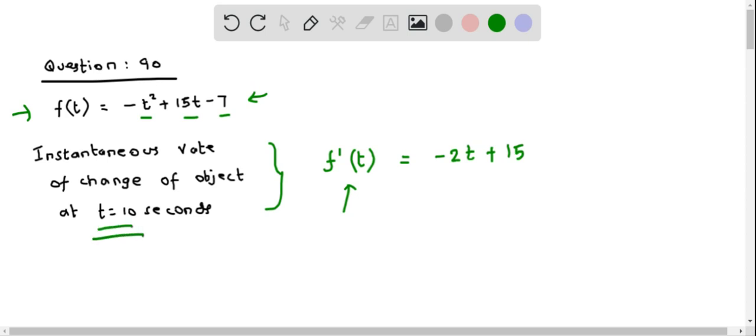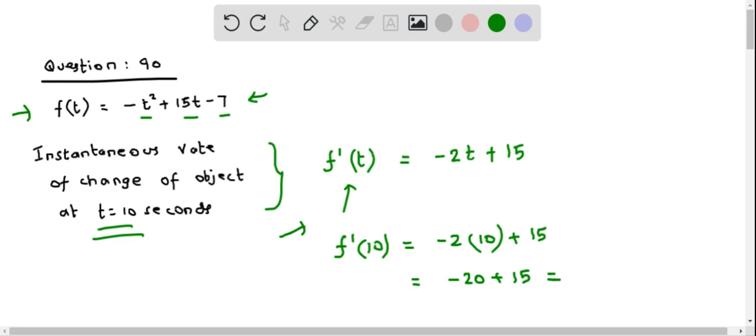Since we have to determine the instantaneous rate of change of the object at t equal to 10 seconds, we plug t equal to 10 into this equation. So f prime of 10 equals negative 2 times 10 plus 15, which is negative 20 plus 15, which is negative 5.